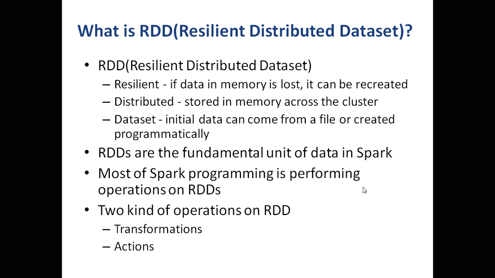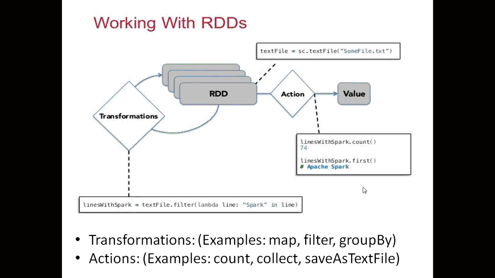Once you have data in an RDD, you can do two kinds of operations: one is transformation, another is action. When you do a transformation, you get a new RDD. When you do an action, you get a result or value.